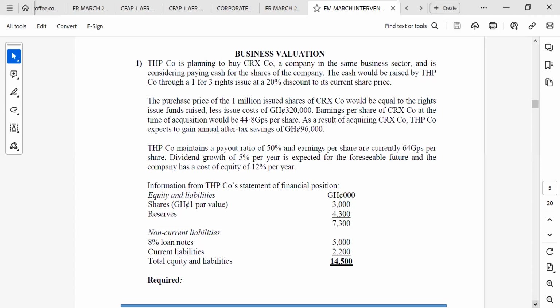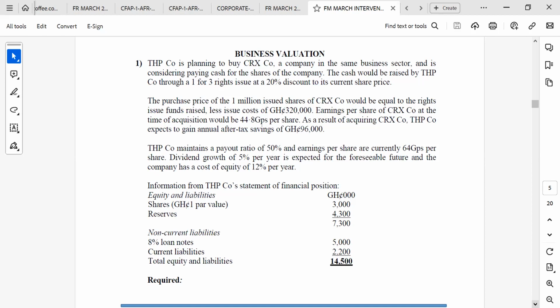THP company is planning to buy CRX company, a company in the same business sector, and is considering paying cash for the shares of the company. The cash will be raised by THP company through a 1-for-3 rights issue at a 20% discount to its current share price.